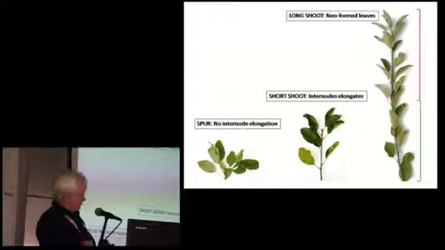Whereas in the case of the long shoot, we have the 9 leaves that were originally present in the bud, with the internodes elongating, exactly the same as in the short shoot. But in addition to that, the growing tip that was inside the bud started forming more leaves.